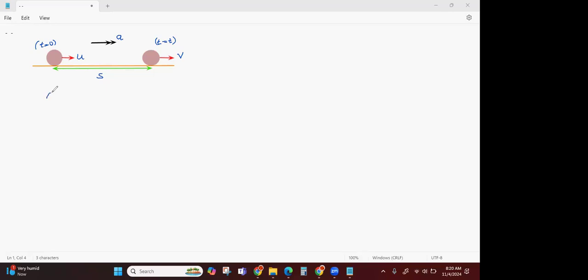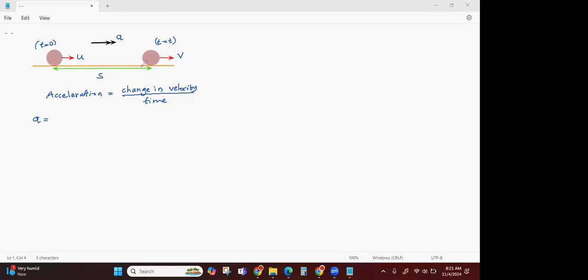So we can write acceleration of the particle. We know acceleration is equal to change in velocity over time taken. For acceleration, we usually take A, right? So A equals change in velocity.